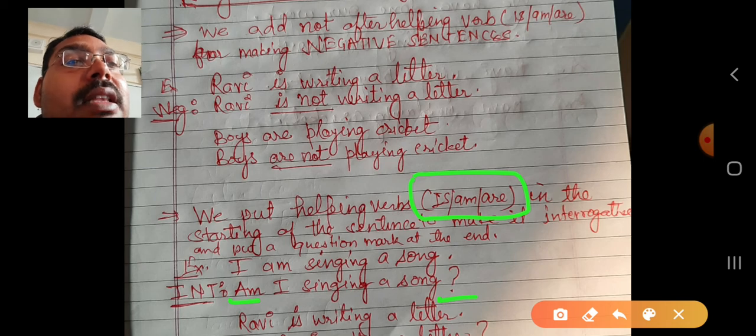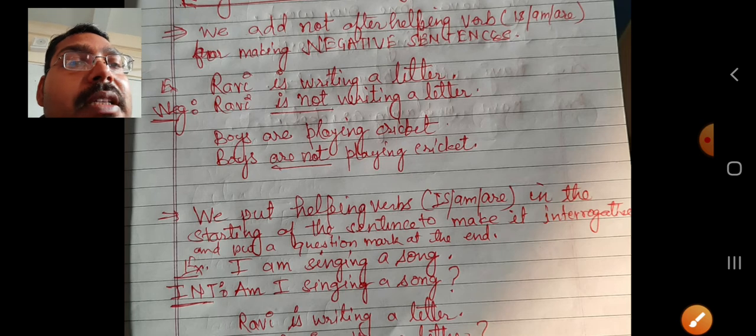Question mark. Now this becomes an interrogative sentence. So if we need to make an interrogative of a present continuous tense, then we put the helping verb in the beginning and the rest of the things remain as it is, and you only place a question mark at the end. I hope it is clear to you.